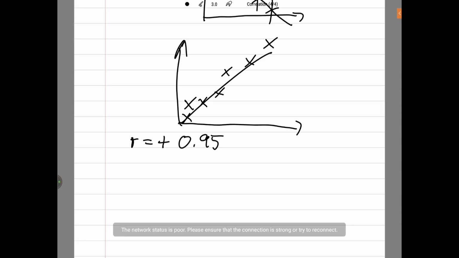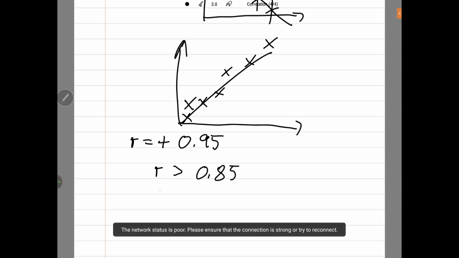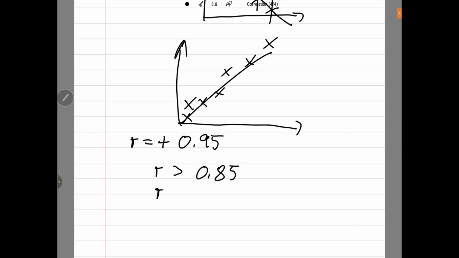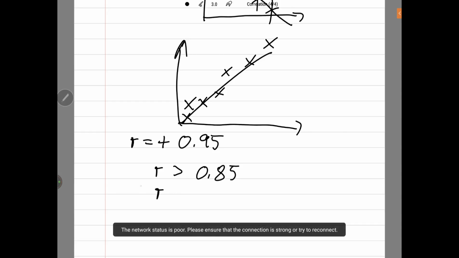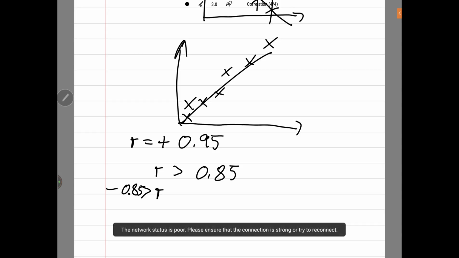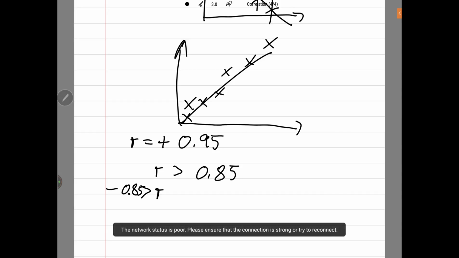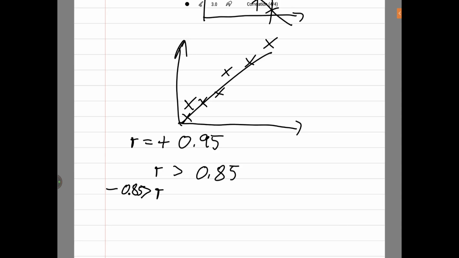And we are talking about strong correlations if R is larger than, say, 0.85 or so, or if R is smaller than negative 0.85. That I would consider a strong correlation. Then you have medium correlations, you have weak correlations.